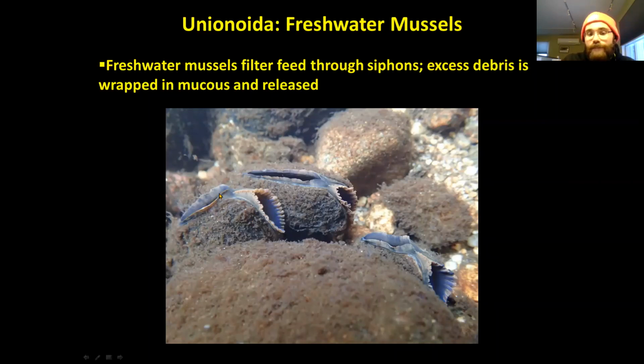Then through the ex-current siphon up top, they will expel waste. If anything like sand or other debris gets caught in the in-current siphon, the mussel will wrap it up in mucus and release it through the ex-current siphon. So think in-current, things go in; ex-current, things exit.